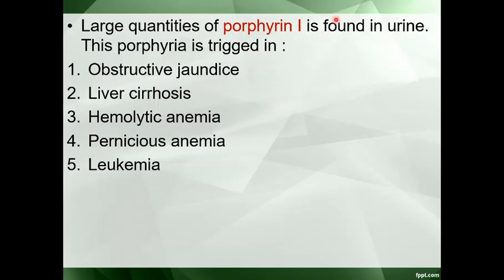A large amount of porphyrin 1 is found in urine, and this porphyria is triggered by obstructive jaundice, liver cirrhosis, hemolytic anemia, pernicious anemia, leukorrhea. These are the triggering factors which are the causative agents of coproporphyria type 1.